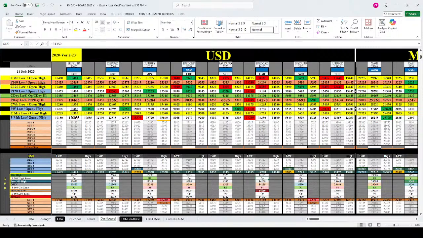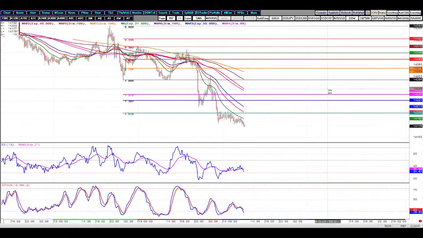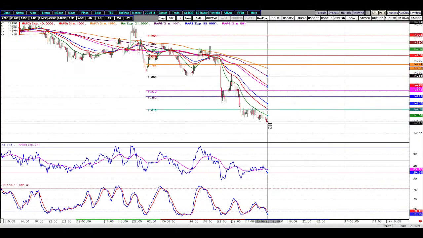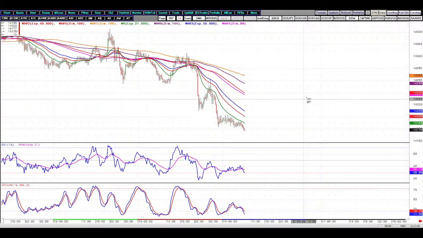That is what the system is telling us. The market is deeply oversold, so expect some pullback to happen. For this pullback, I think 142.30 is where we wanted to sell just now.